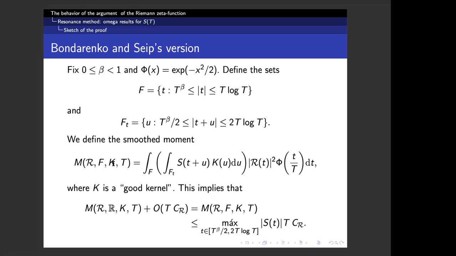Bondarenko and Seip defined this moment in this form, as an integral over this set of the function S(t+u) K(u), multiplying the resonator with this Gaussian function.